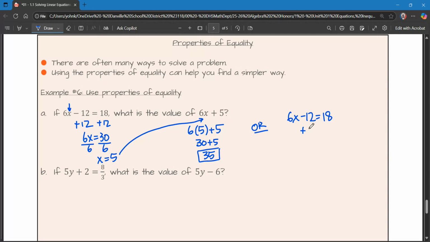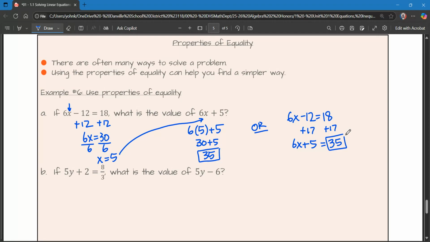Well, you could add 17 to negative 12, and that would give you plus 5. And if you do that on the left, you also have to do that on the right. And oh my goodness, 18 plus 17 is 35. So whichever way your brain thinks about it, you get the same answer.